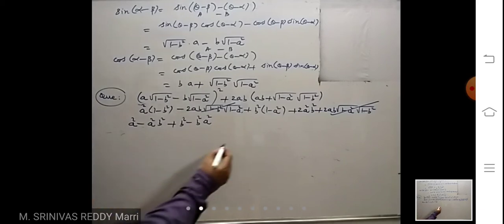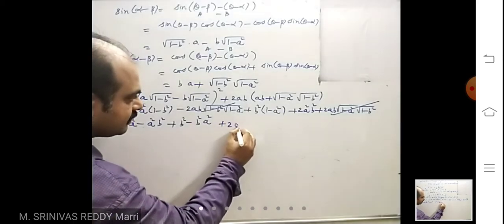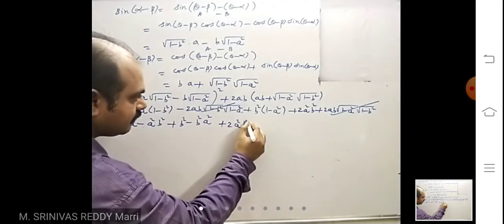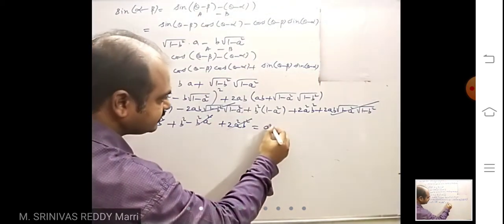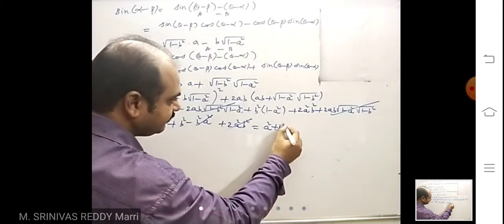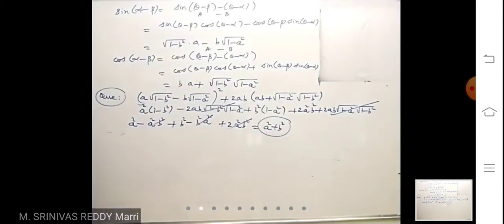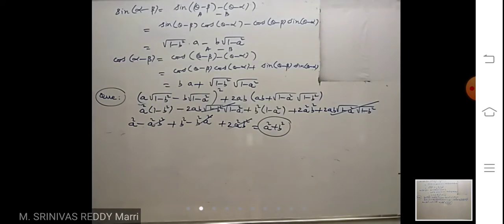Now look at, here one more term is there, this will get cancelled. So the answer is a square plus b square. That is the answer.